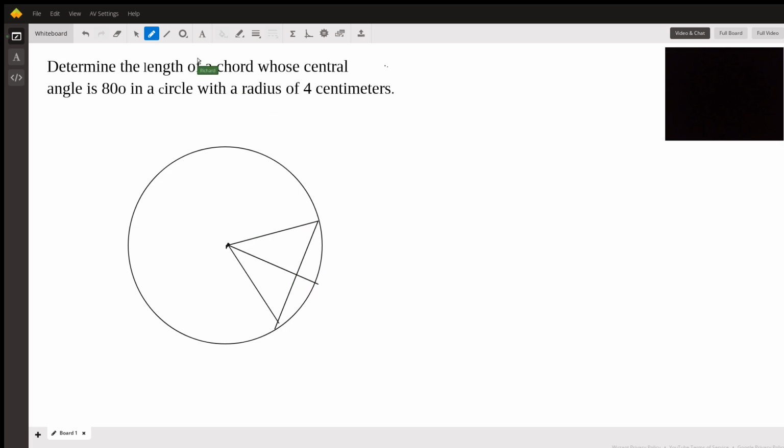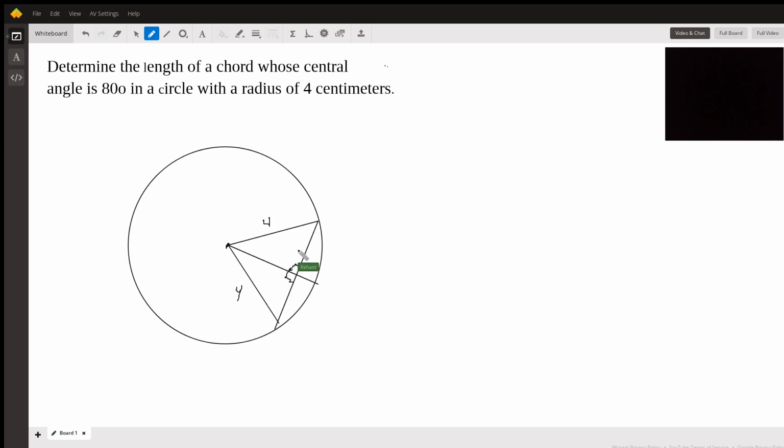So let me fill in the right angle here. So it should be fairly clear to you that the radius is 4, so that's a 4 and a 4.